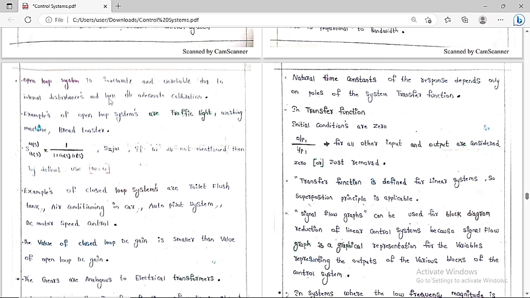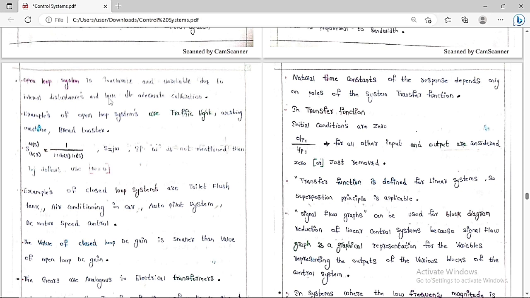For each and every road, it gives around 30 seconds or 60 seconds, but it doesn't know which line has heavy vehicles that need more time. Irrespective of the vehicles present, it always gives the same amount of time. So this is an example of an open loop system.